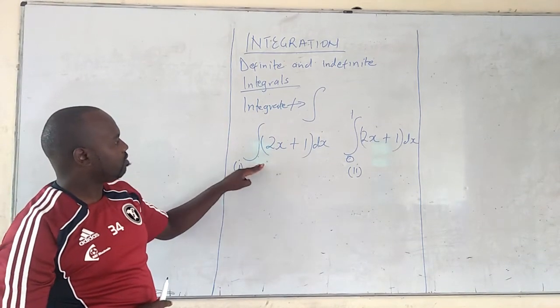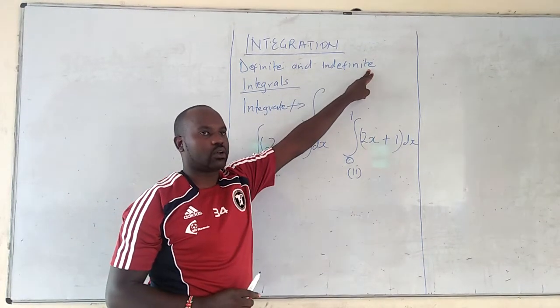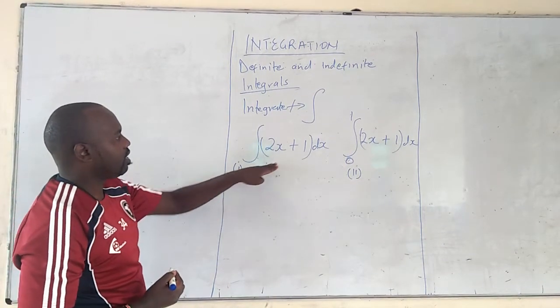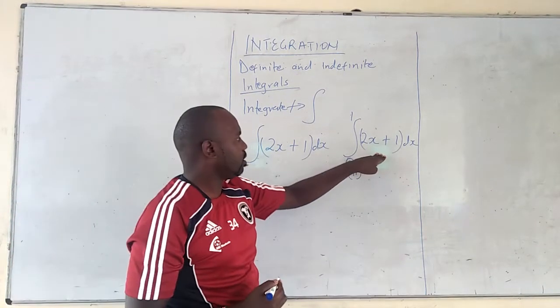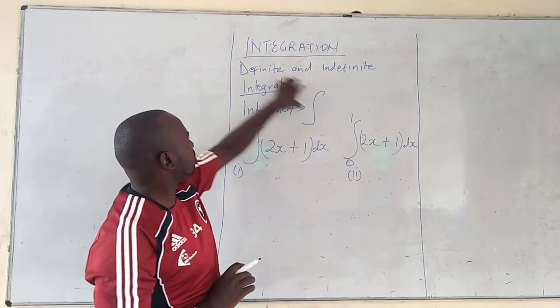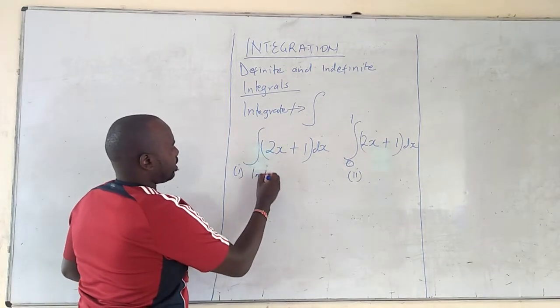If it has no limits, it is known as an indefinite integral. This one is the one that is going to remain with C. We shall do both of them and you'll see why this one is definite and this one is indefinite.